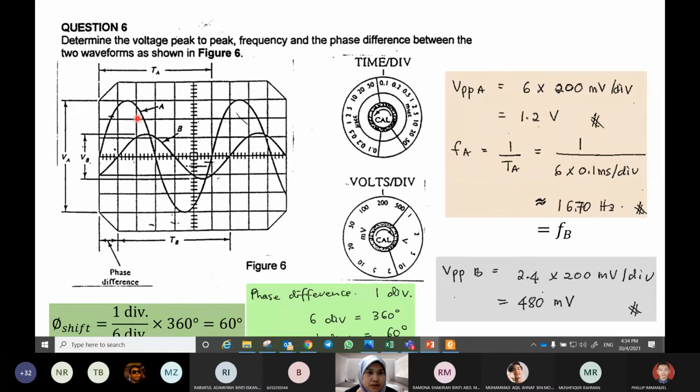So A and B differ by 60 degrees. Since 6 divisions is equal to 360, 1 division is equal to 360 divided by 6, we get 60 degrees.